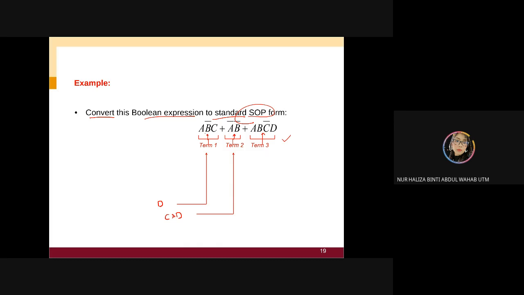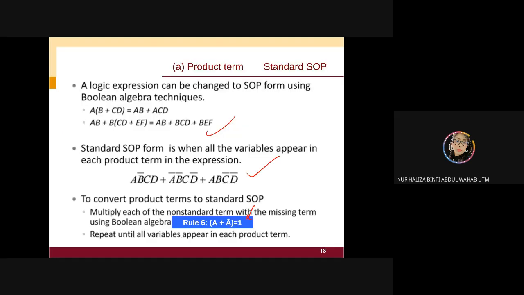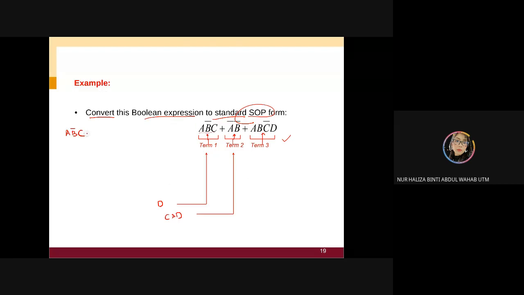Now, how am I going to make A, B bar, C full standard? I'm going to apply rule number 6. I'm going to multiply it with 1, in terms of D plus D bar, which is equal to 1.